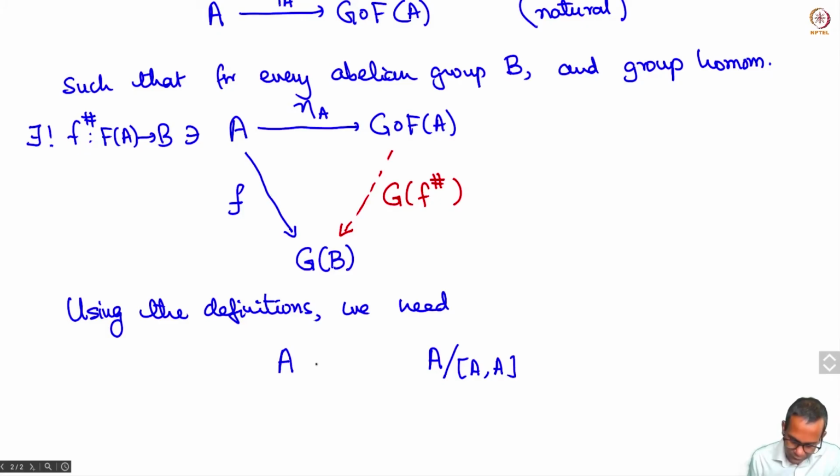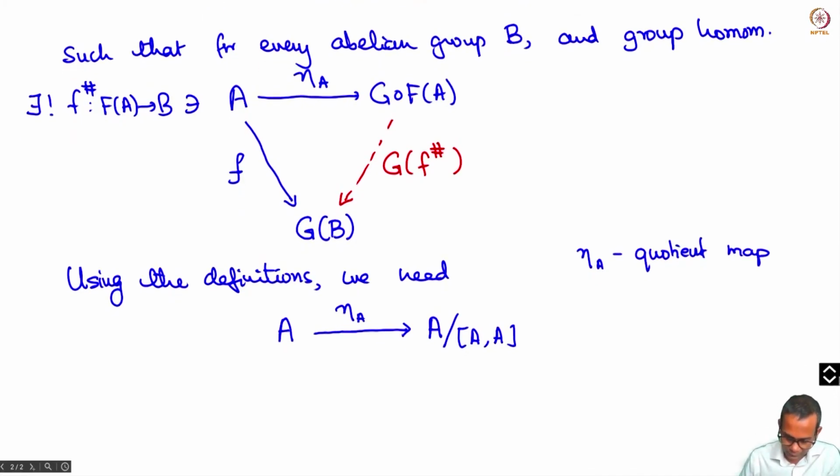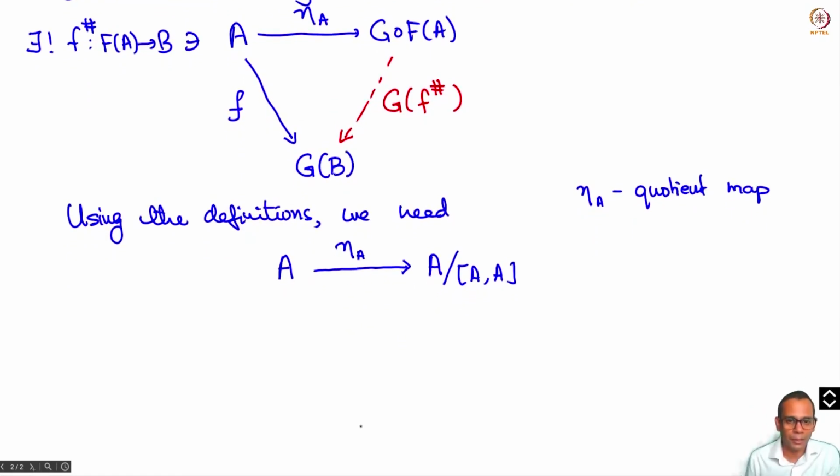Now this is going to be an arrow in the category of groups. This is an abelian group, you can check, but when we just think of it as an arbitrary group, we need an arrow like this, and what else but just take the quotient map. You need to check that it's natural, but that's not difficult, and I'm going to leave it out.